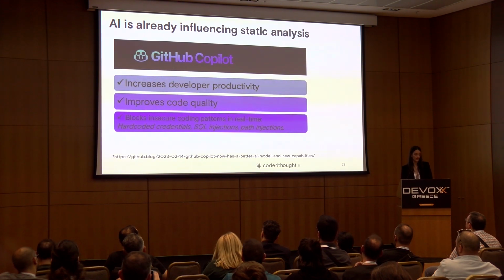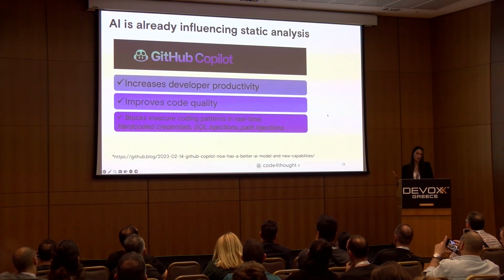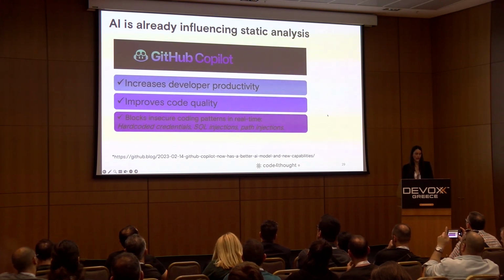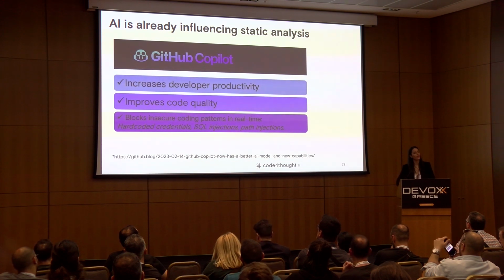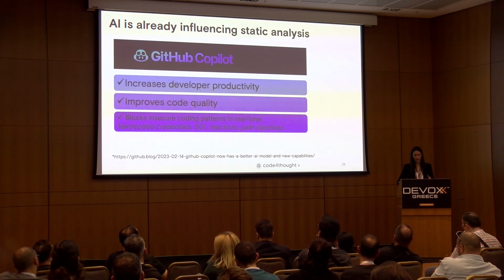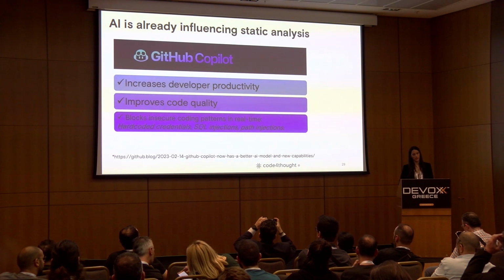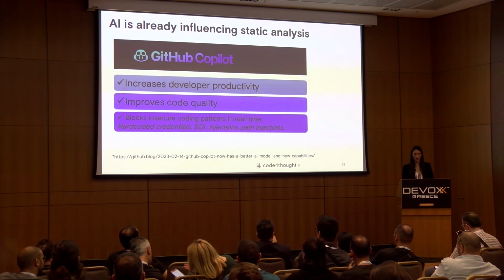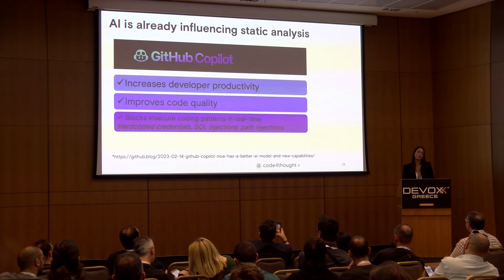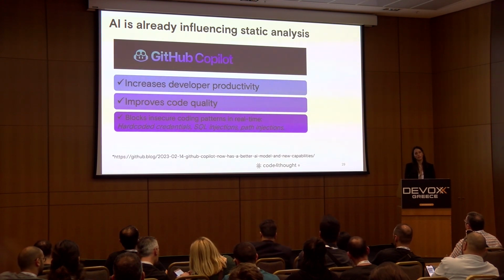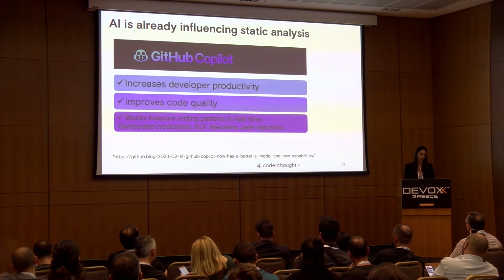But on top of this, GitHub Copilot goes in a secure coding direction with identifying patterns of insecure coding, such as hard-coded credentials and SQL injections. Someone may say that these tools are as smart as their training models, and for sure this is just the beginning, but the important thing is that tools are going in this direction, to secure coding.